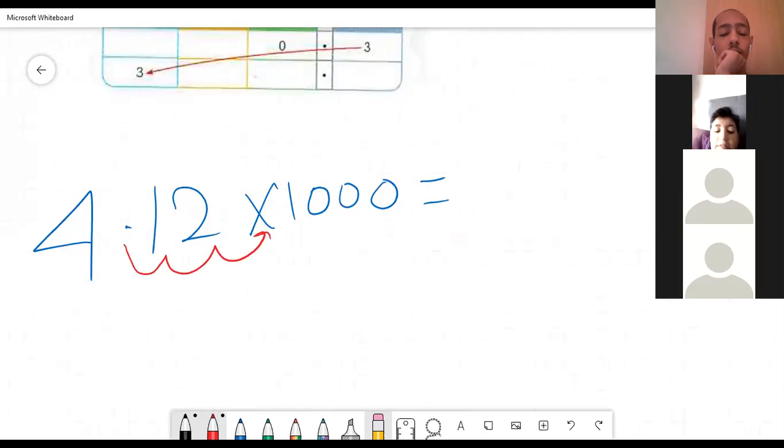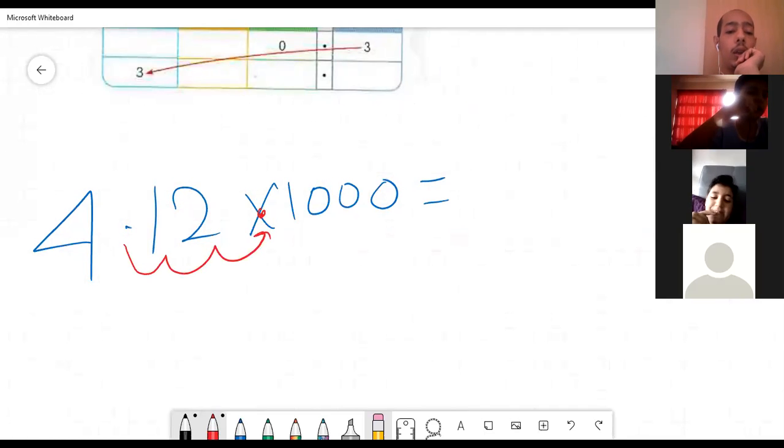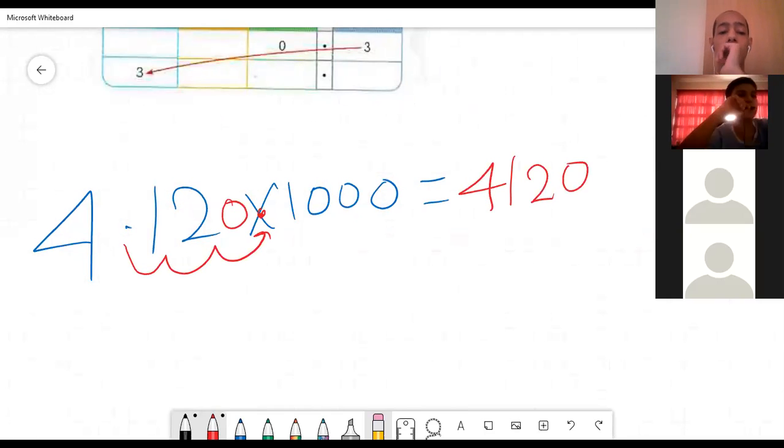The decimal point will be here, right? So here should be 0. It's going to be 4,120, isn't it? Yes. Correct. So that's all for today.